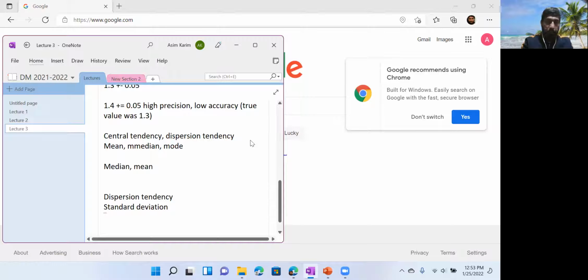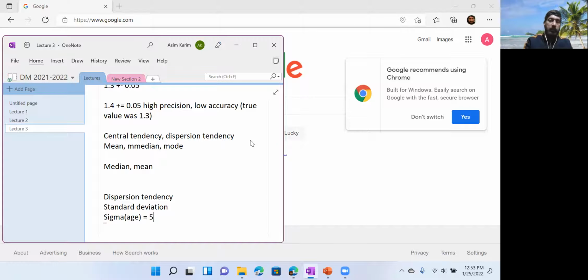Standard deviation usually is represented using sigma. The sigma, let's say, of an attribute, let's say age. If this value is, let's say, 5, what does this mean?